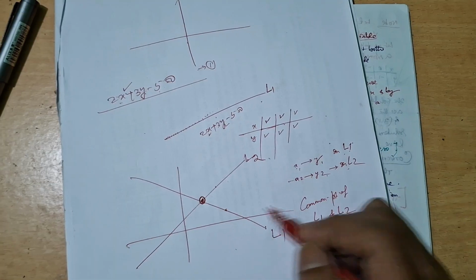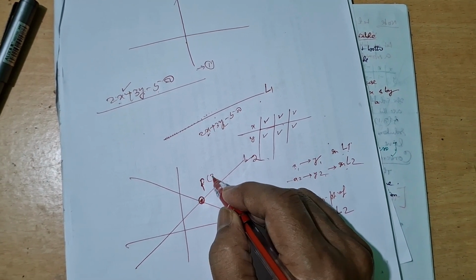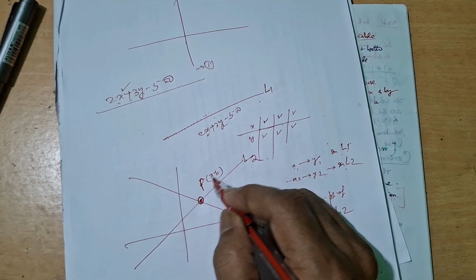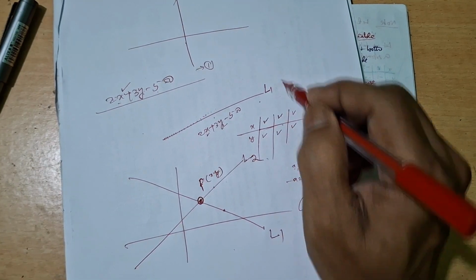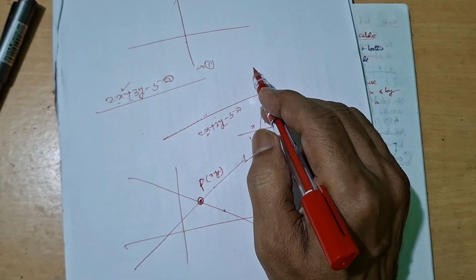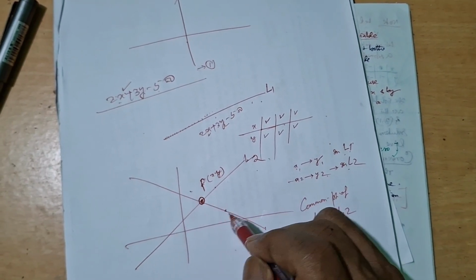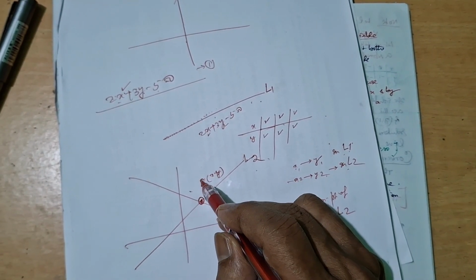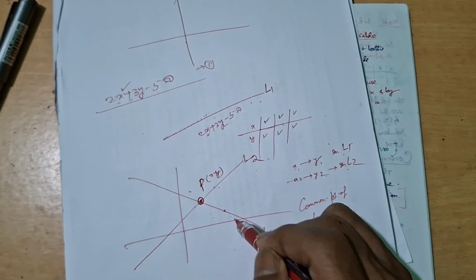Otherwise, you say that this point P, suppose (x, y), satisfies equation 1 as well as equation 2. At that time, we will say that the two lines cross each other and the point of crossing is the solution, or it is the common point to both the lines.